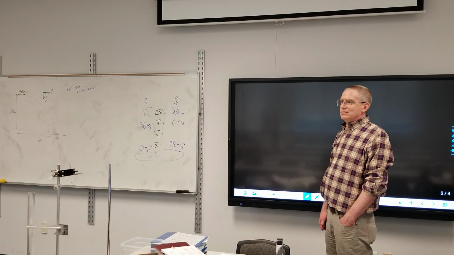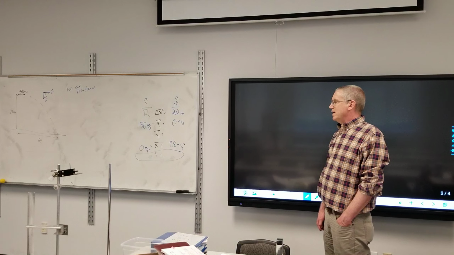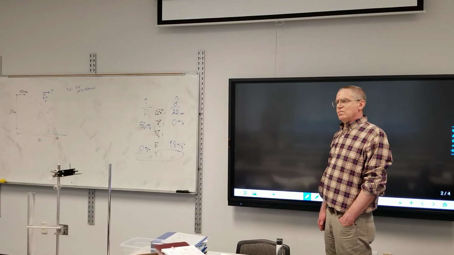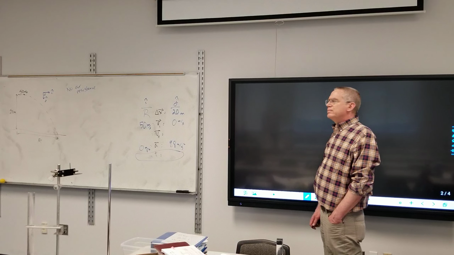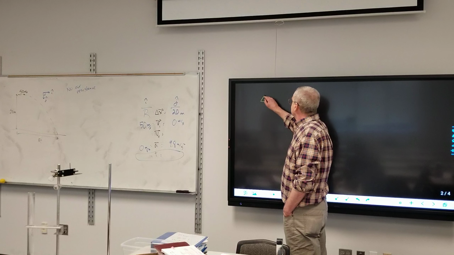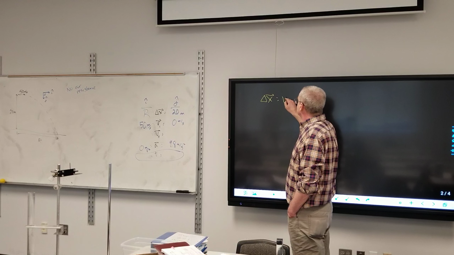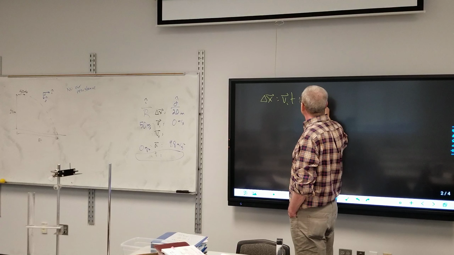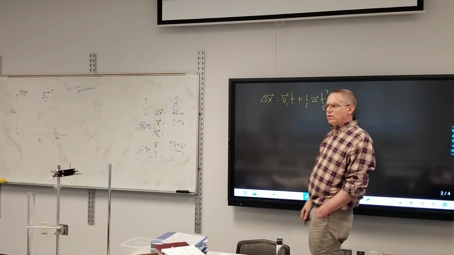We would use the first formula. We don't know VF or time. But we do know delta x equals initial velocity times time plus 1/2 acceleration times time squared. That's going to get us to it in one equation.